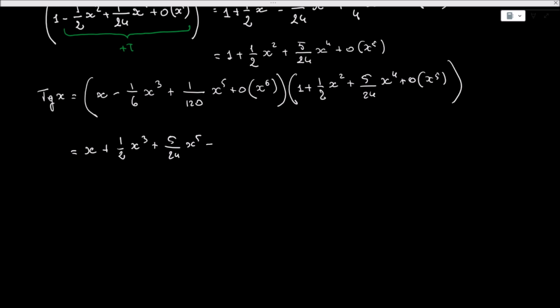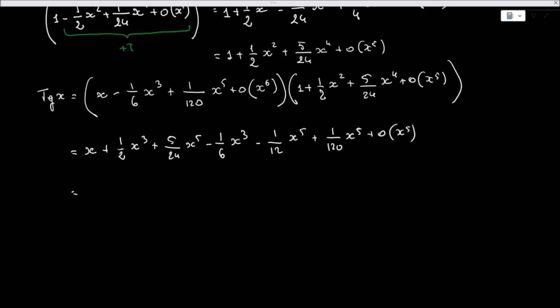Then we have minus 1/6 x to the cube, and we have, of course, the other product of minus 1/6 x to the cube, but the other terms can be neglected, so we can just move to minus 1/12 x to the 5th plus 1/120 x to the 5th plus little o of x to the 5th.